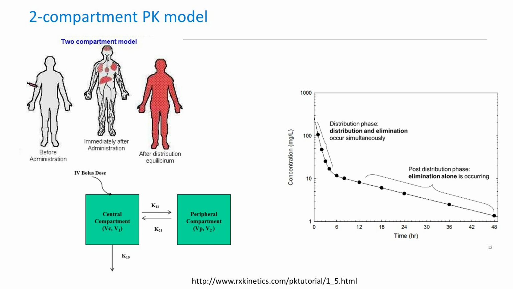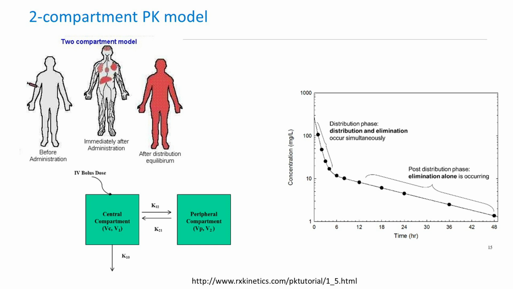And what you'll see is this bi-exponential plot. You'll see this sort of L-shaped curve, for lack of a better term, where you have in the beginning a very, very fast drop in the concentration in the plasma, because you have distribution happening at the same time as elimination. So drug is leaving the plasma into this second compartment, into the tissues, and then over time, only elimination is occurring because there's no more distribution.